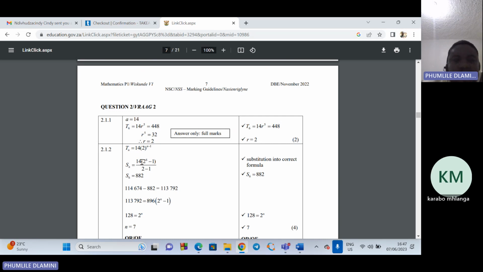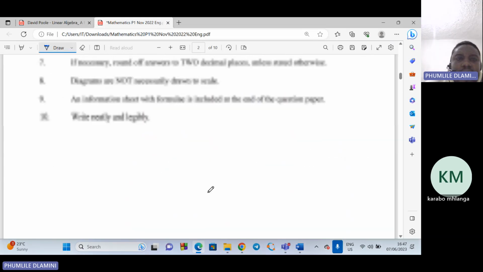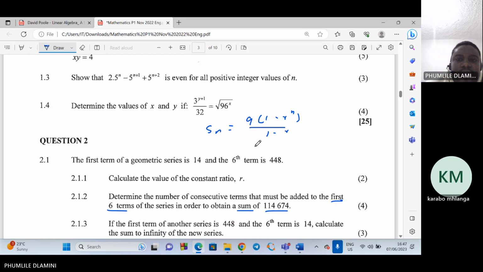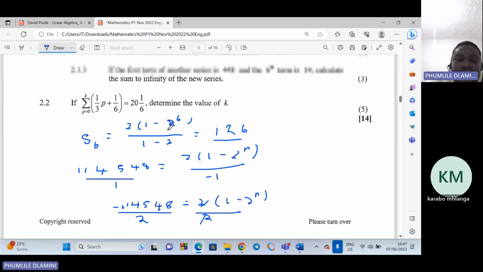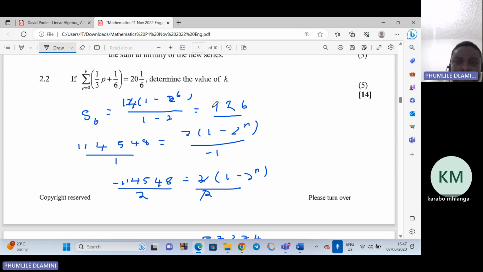We multiplied by 2 instead of multiplying by 14 in our question. Our A was 14. Yes, I used 2 here instead of 14 for the A. We're supposed to write 14 here. Then everything, if you follow, is fine.